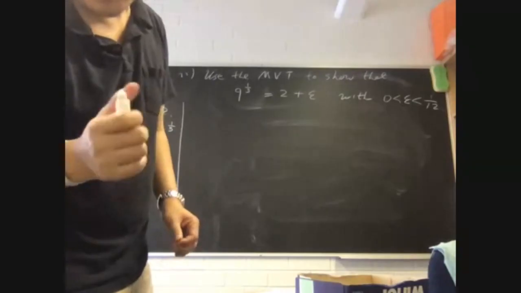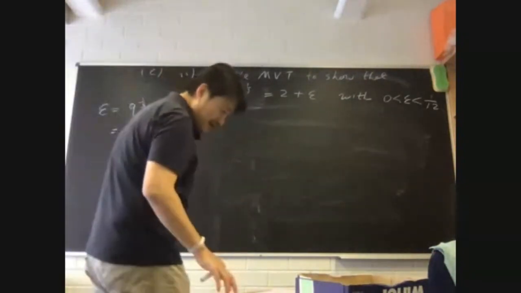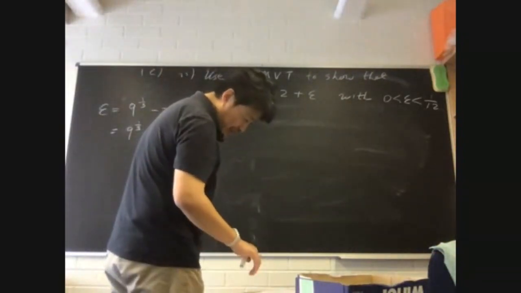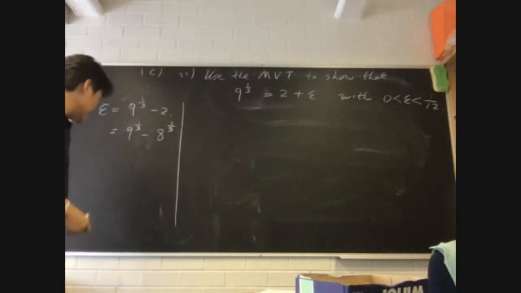Epsilon is between 0 and 1/12. There was an earlier version of the exam which had epsilon between 1/9 and 1/12, but that was wrong. Okay, I'm glad that's taken care of.